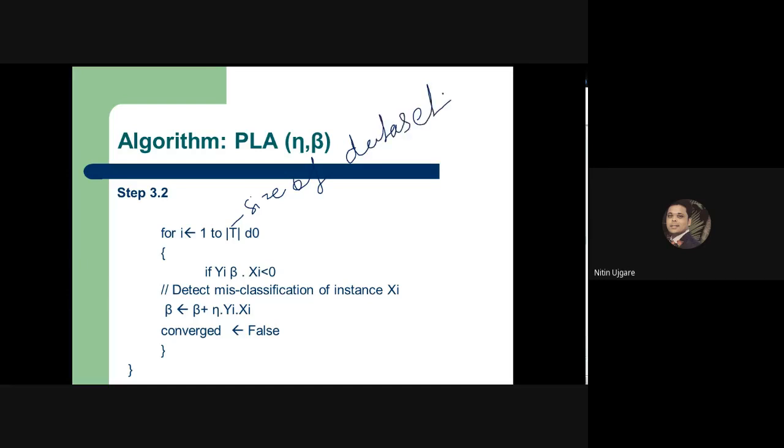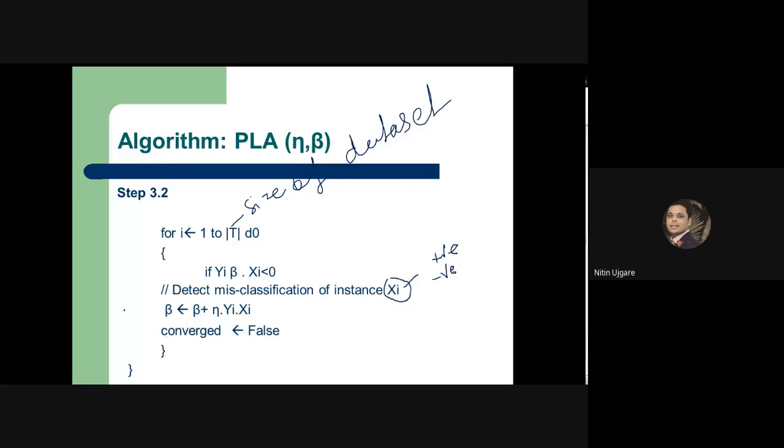So vector t represents that. Do this, and we are considering that if yi dot beta dot xi is less than 0, detect the misclassification of instance xi. What it means is that this xi actually belongs to the positive class, but our classifier has predicted it to be the negative class.